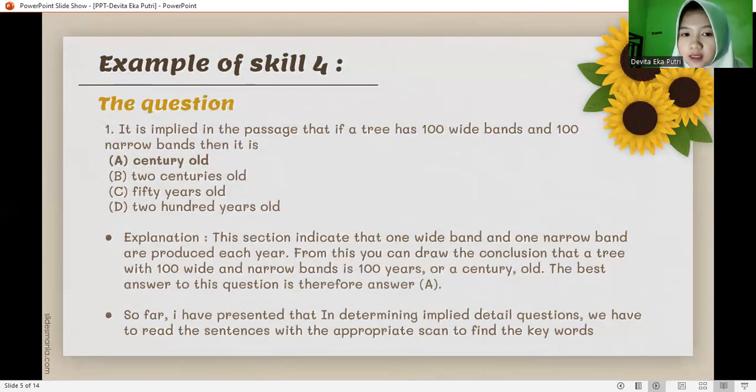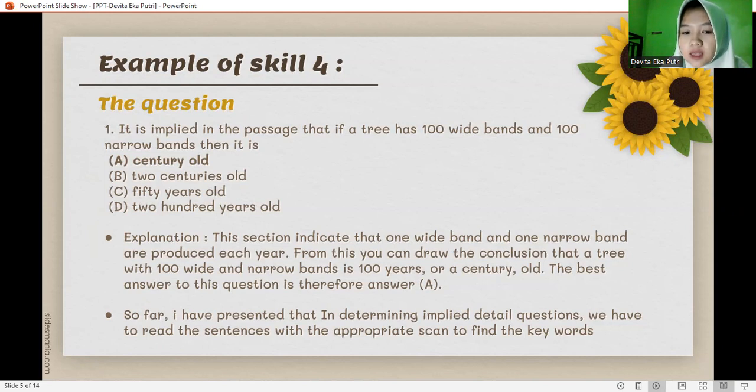It is implied in the passage that if a tree has 100 wide bands and 100 narrow bands, then it is A, a century old, B, two centuries old, C, 50 years old, D, 200 years old.